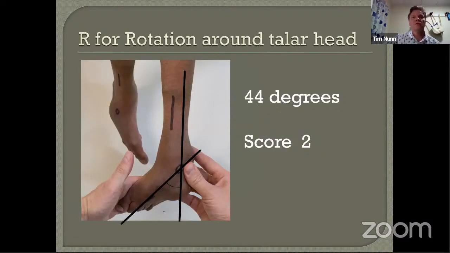Finally, rotation around the talar head, so we've drawn a line down the foot, down the tibia, intersecting with the exposed talar head, and then up between the second and third toe interspace up towards the exposed talar head, and measured the resulting angle, which is 44 degrees here. That's less than 45, but greater than 20, which scores a 2.